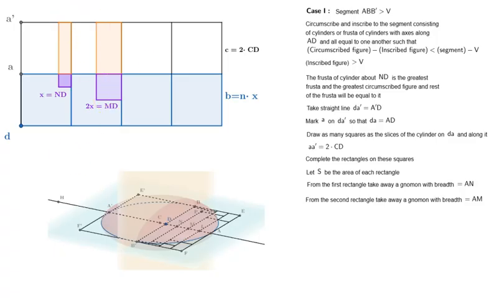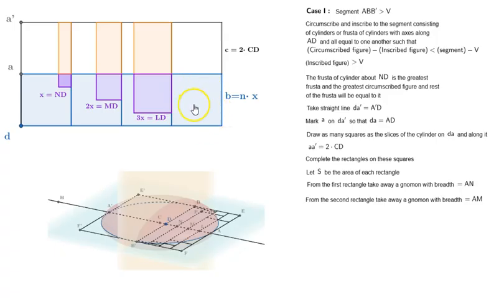And similarly for the next as well. So this part would be AL and this will be DL. So we are ending up with these gnomons. And the last rectangle, if we try to remove or mark a gnomon, it will not be there.